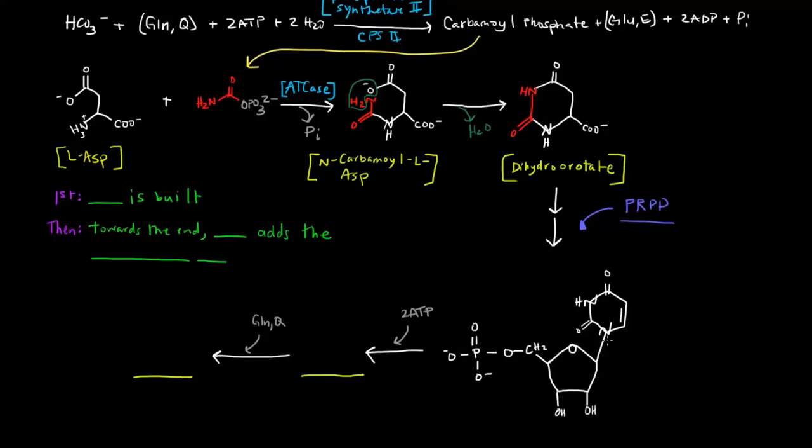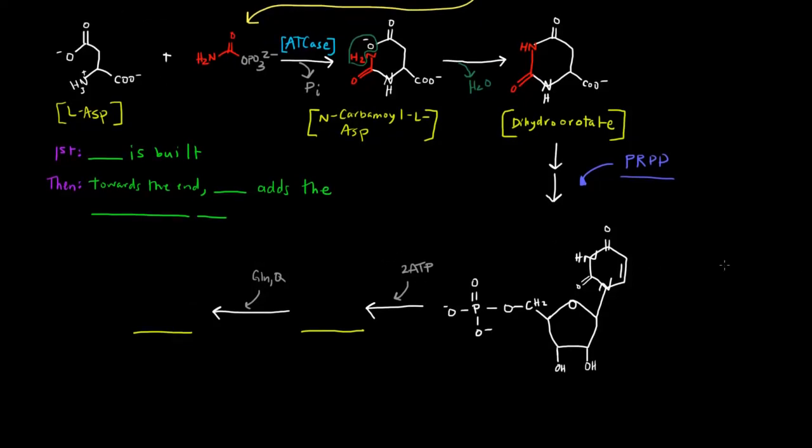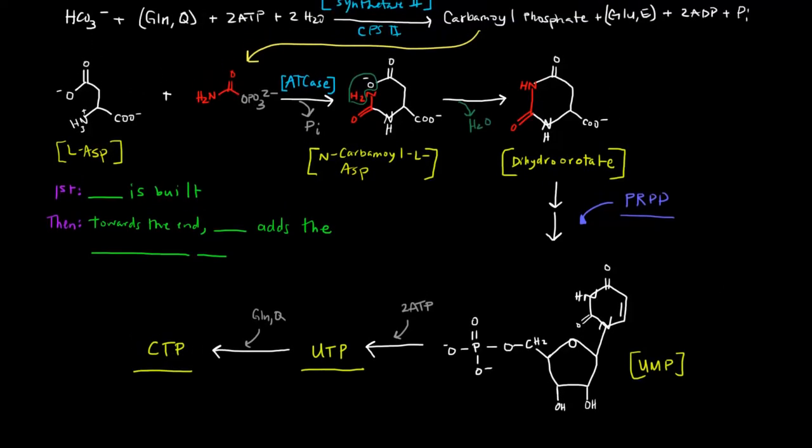So then we create this here, which, if you recognize this base up here, is uracil, and this has a phosphate group and a ribose. So this is actually UMP, or uridine 5' monophosphate. This UMP is a precursor to UTP, and from UTP you can actually create CTP, right, which is another pyrimidine nucleotide.